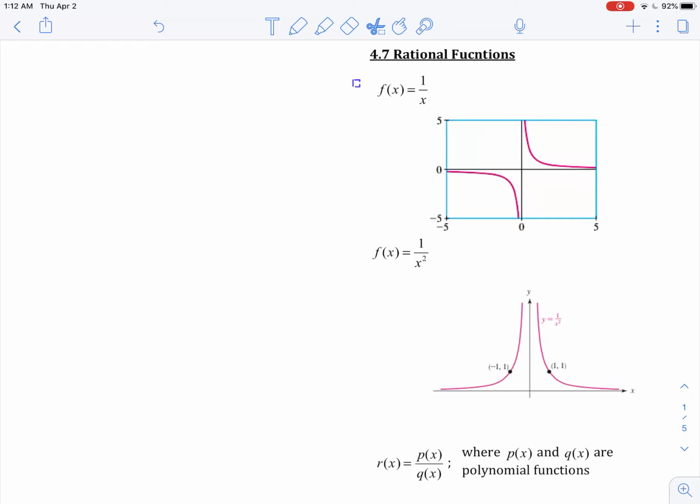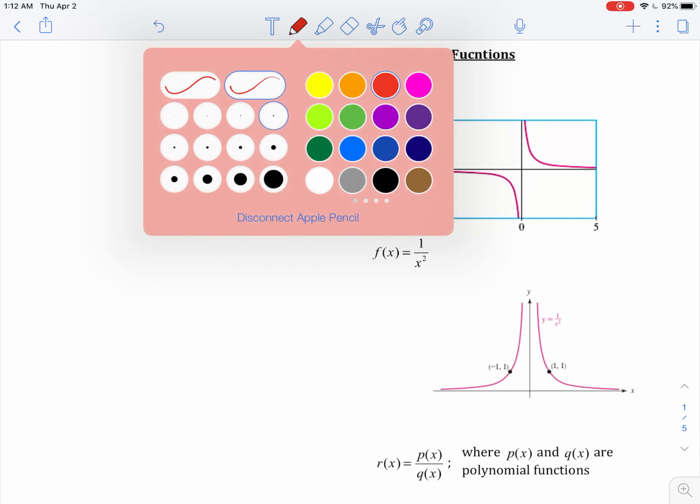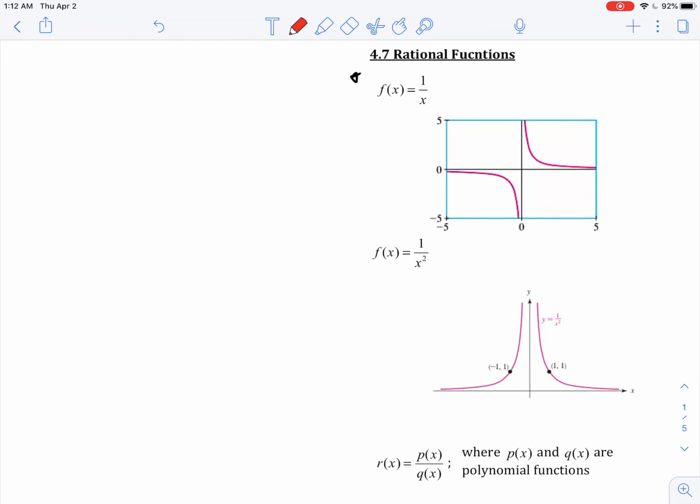The first rational function that we have here should look familiar to you. That 1 over x was one of our basic parent functions, with sections of the graph in quadrant 1 and quadrant 3. Another rational function that we will be referring to is 1 over x squared.